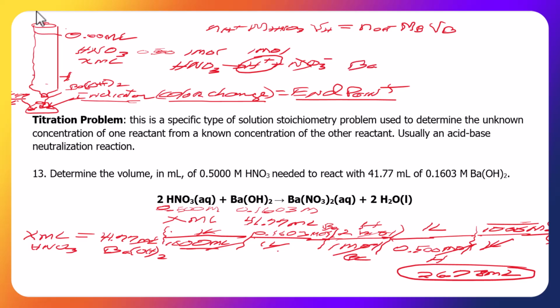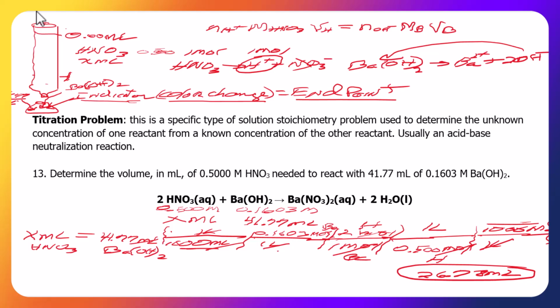Here's the barium hydroxide. And if I dissociate the barium hydroxide, it is a strong base. I'm going to get 1 mole of barium 2+, and I'm going to get 2 moles of hydroxide ion for every 1 mole of barium hydroxide. It's like a bicycle.